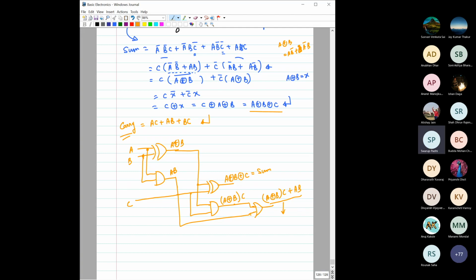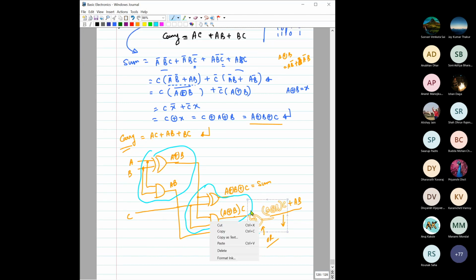Sir, if we introduce an OR gate, how is it in terms of a half adder circuit? We have not introduced a NOR gate. This is an OR gate. Yes, sir, OR only. So we have used two half adder circuits. In addition to that, we have taken the help of one OR gate.